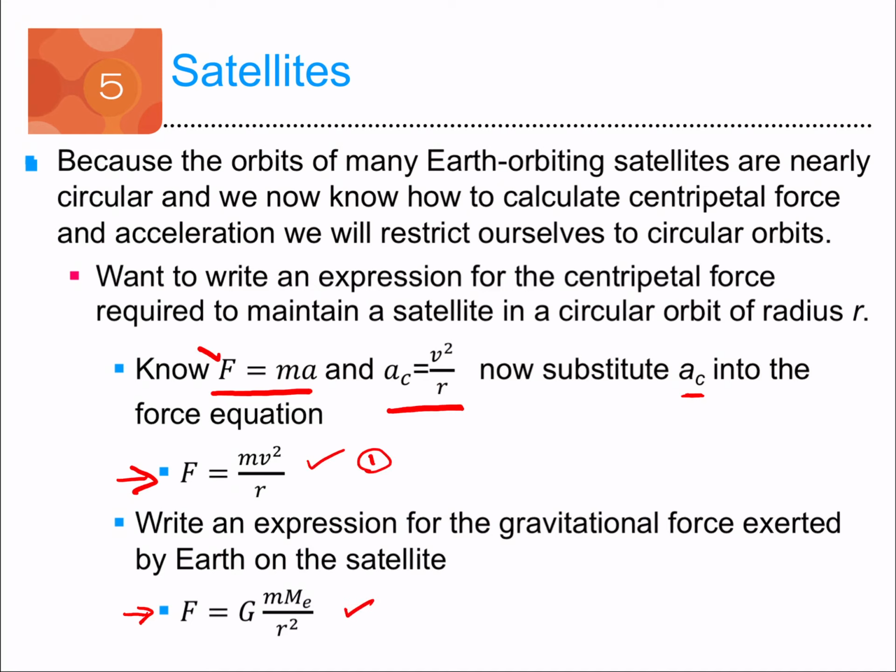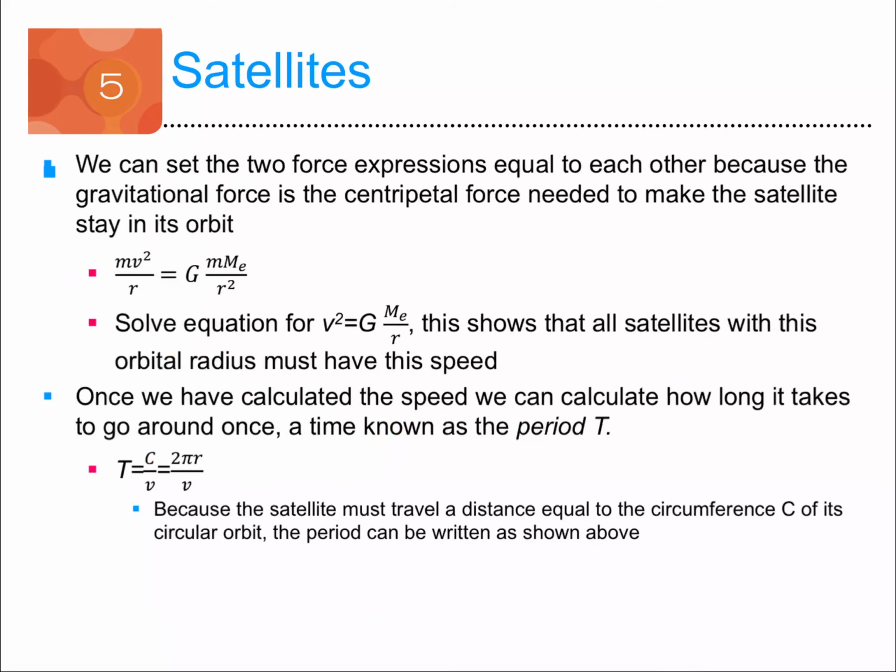So we'll put a 1, we'll put a 2. They're both forces, so we set them equal. We rearrange this equation, and we solve for v squared, and that gives us this equation that you see right here.